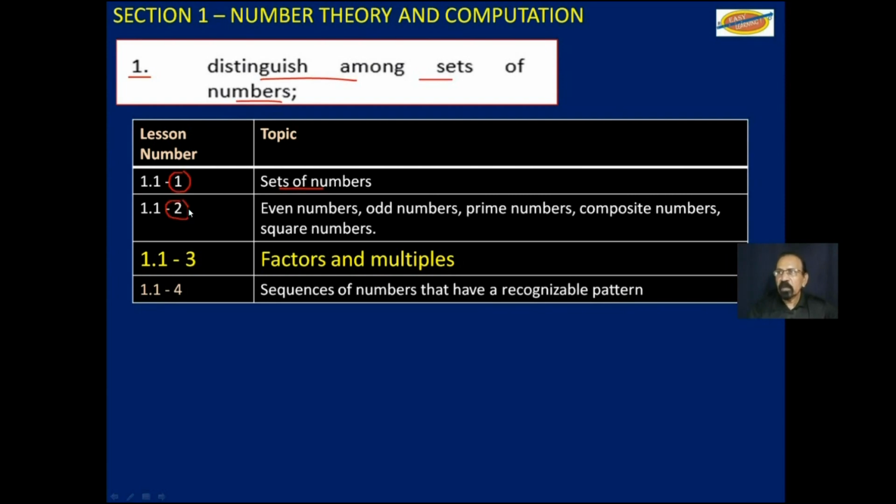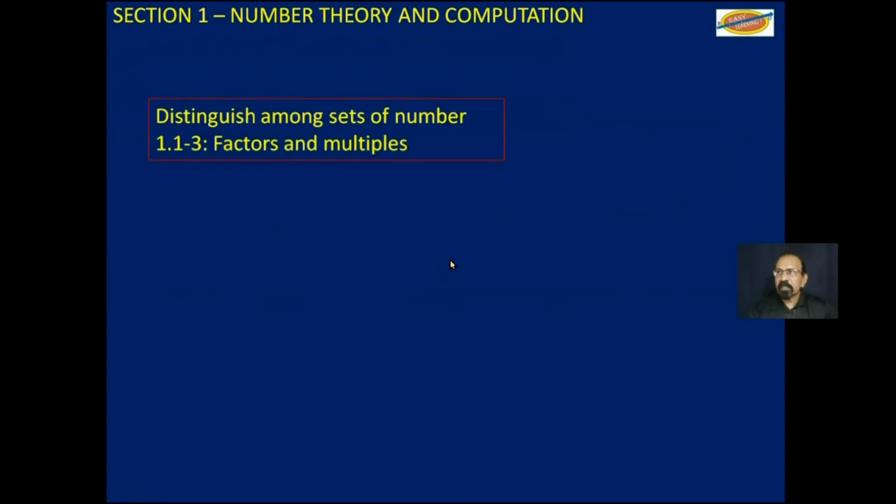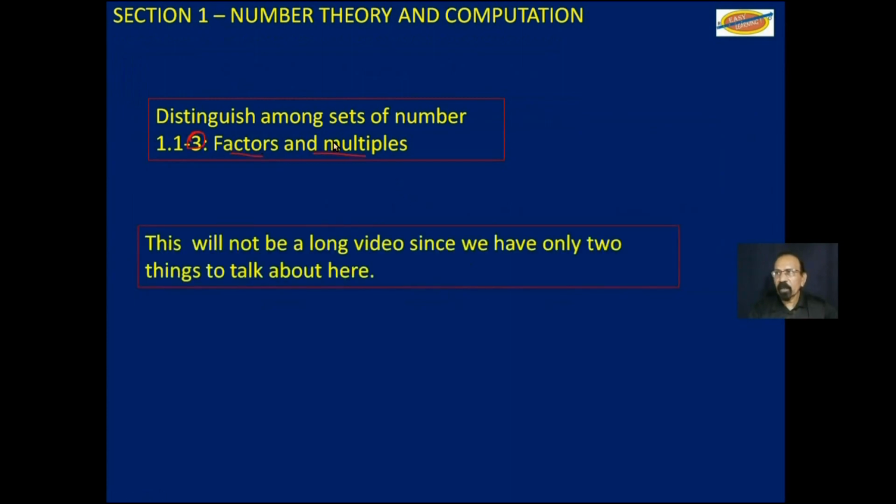Video 2, even numbers, odd numbers, prime numbers, composite numbers, and square numbers. Now in this video, 1.13, we will be talking about factors and multiples. Distinguish among sets of numbers, video 3, factors and multiples.